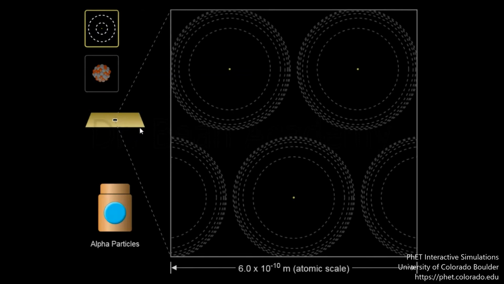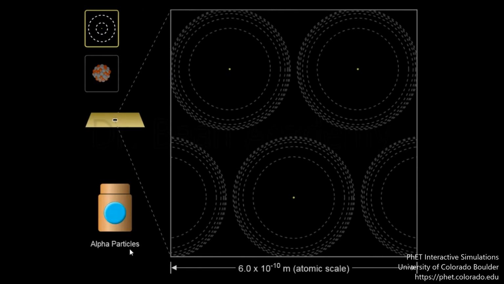So here is the gold foil, and then you can see a small part of this foil which is projected here, and you can see that it is made of something, right? Because if you are back in time when the year was 1911, you don't know anything about what is inside. So you are just seeing a projected view of that gold foil.